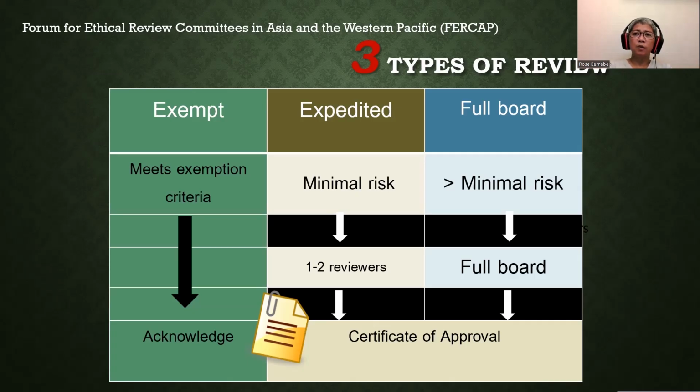For example, if the only procedure involved would be interviews or focus group discussions. In some countries, these are exempted from ethics committee review, right?